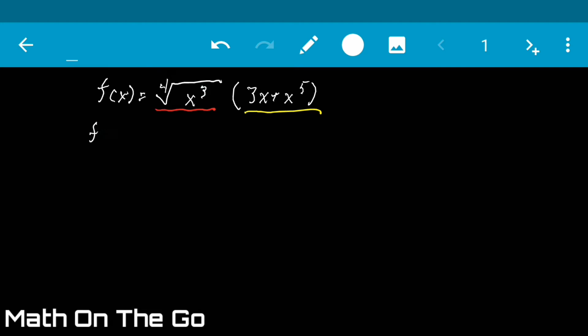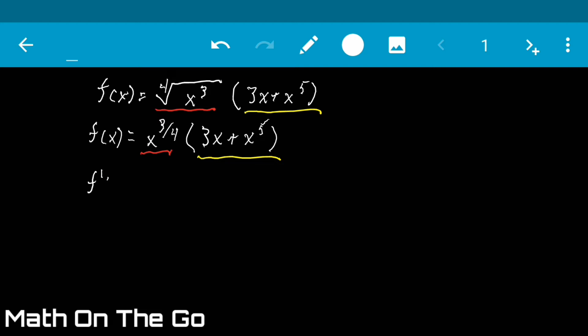So f of x equals x to the 3/4 times 3x plus x to the fifth. So now that's our first, and that is our second. So now we can work on the derivative.